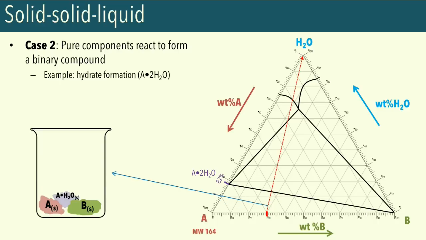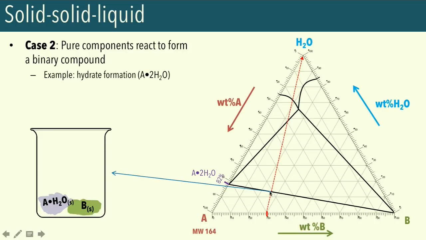So if we add water, that water reacts with A in order to form our hydrate. If we're still within this region and we add enough water, that additional water is just going to react with A to form more hydrate. It's going to continue until we hit this line here.